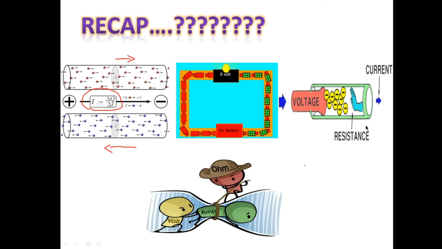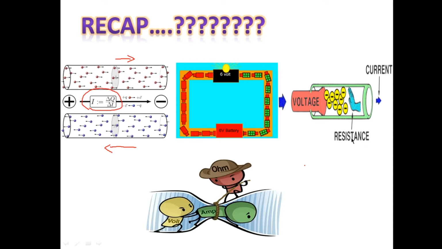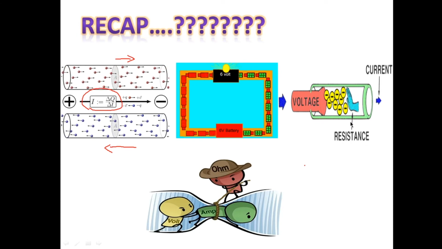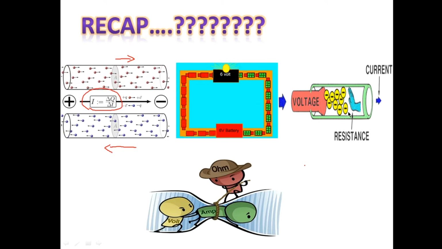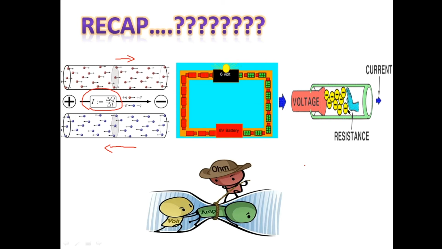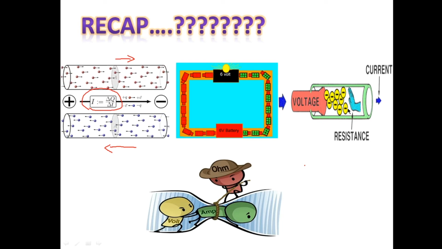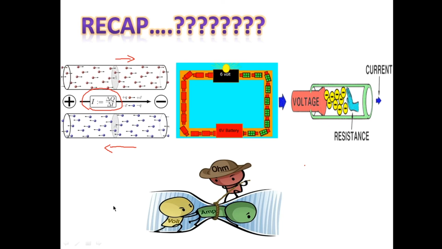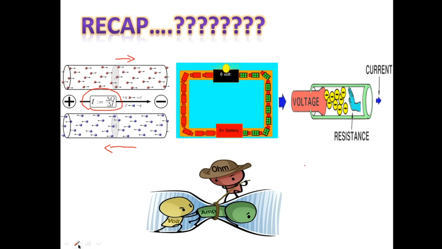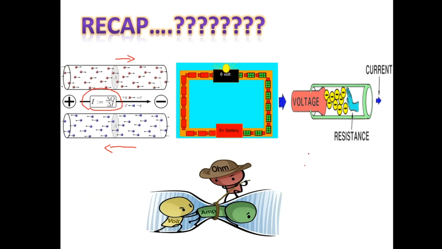And the third term is resistance. Whatever you have in a circuit which opposes the flow of electric charges or electrons is called resistance. We have also done the formula for resistance, based on the dimensions of the conductor.